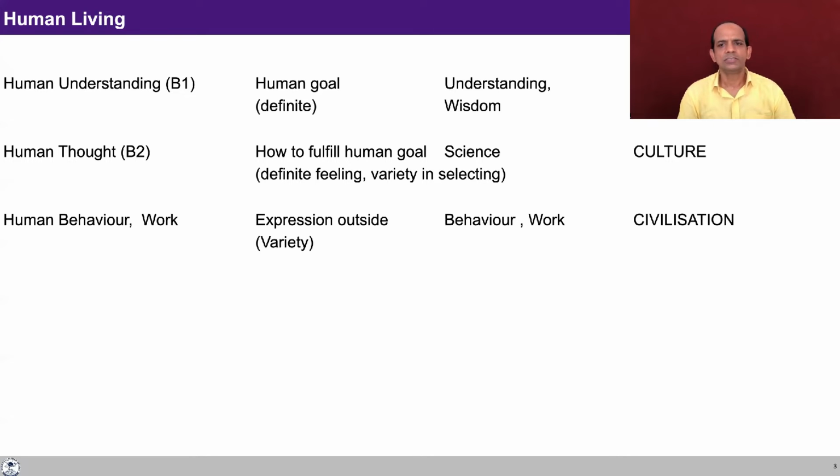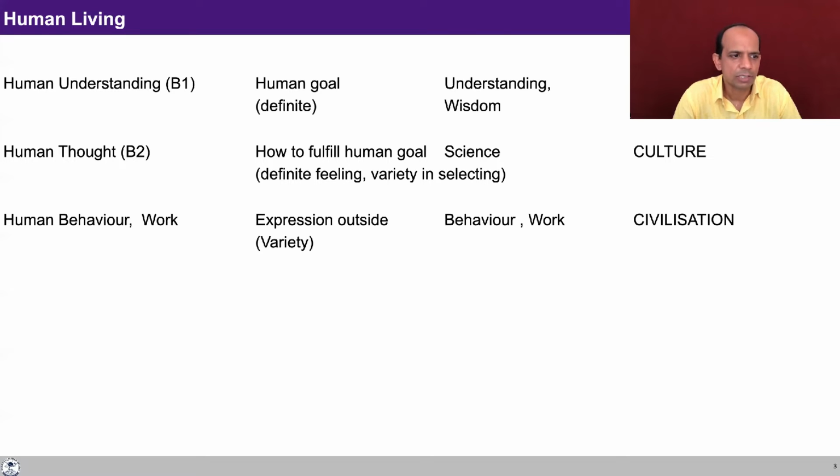So at the core is the human understanding, isn't it? That is there at the base. Based on this understanding, we decide our goals. And once we are able to see our goal with definiteness, then we decide how to express our understanding and feeling, and then we express it outside.